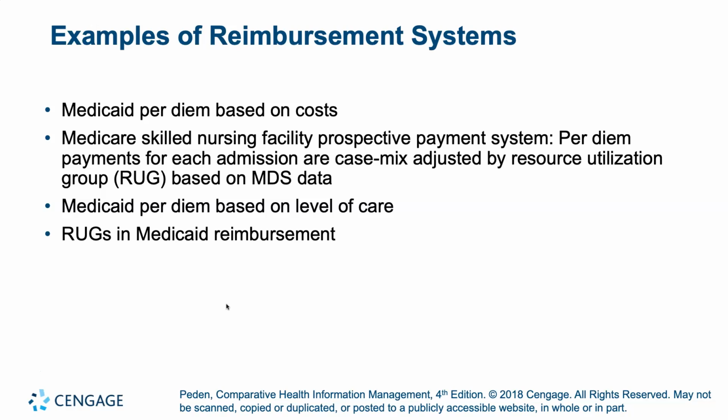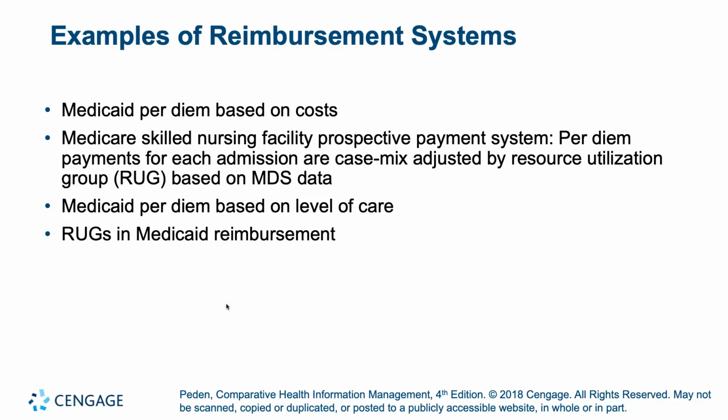So examples of reimbursement systems: Medicaid is typically per diem based on costs. Medicare is a prospective payment system. They are case mix adjusted by what's called RUGs, Resource Utilization Groups, based on that MDS data. It can also be Medicaid per diem based on level of care.